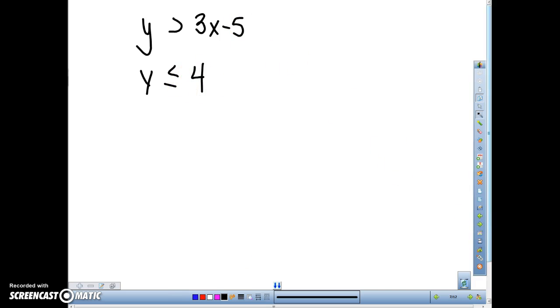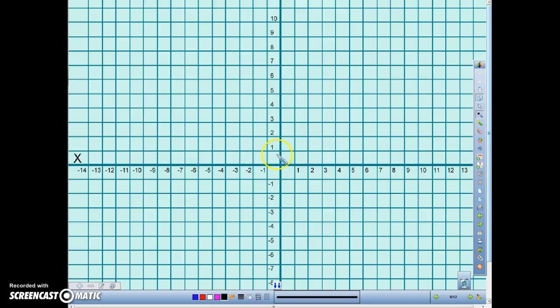The first one crosses at -5, up 3 over 1. And it was a dashed line.